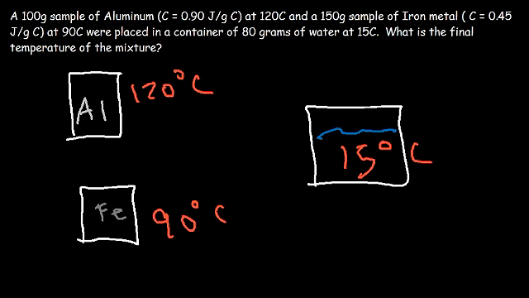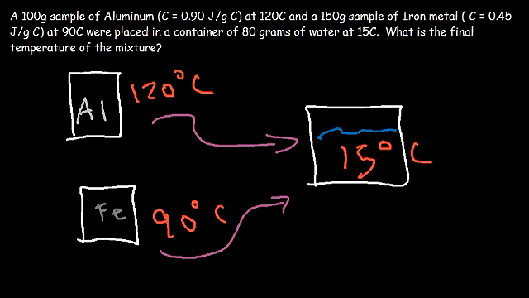So we know that heat flows from hot to cold. So heat energy is going to flow from the aluminum metal to the water sample, and it's also going to flow from iron metal to the water sample. So aluminum and iron, they're releasing heat energy. So it's exothermic for those two metals. Water is absorbing heat energy.